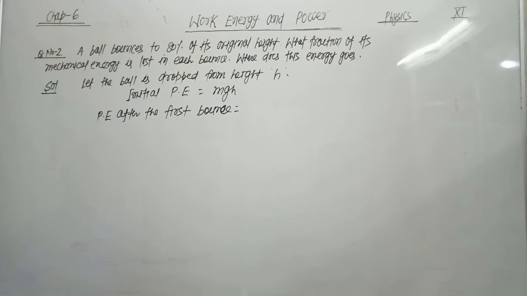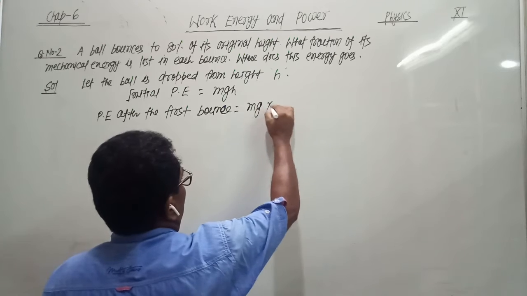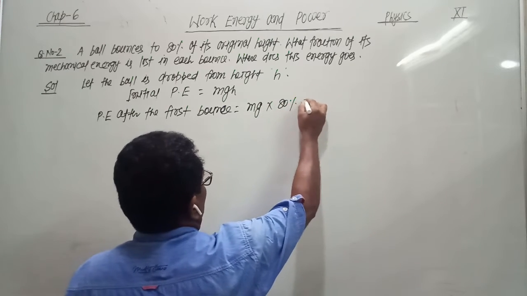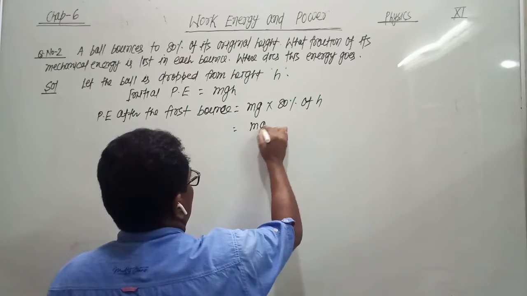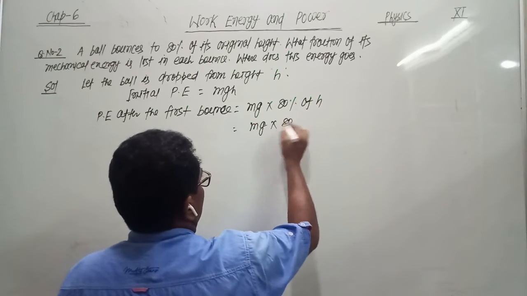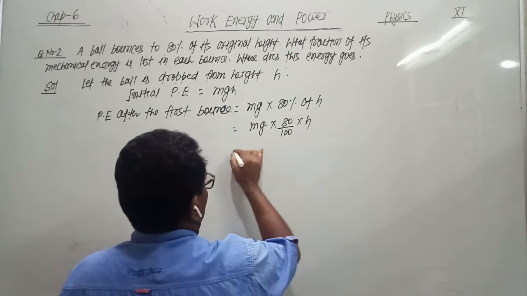Well, 80% of its original height means mg into 80 upon 100 into h.